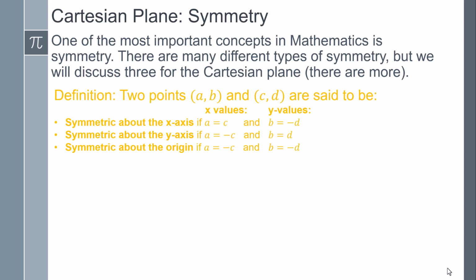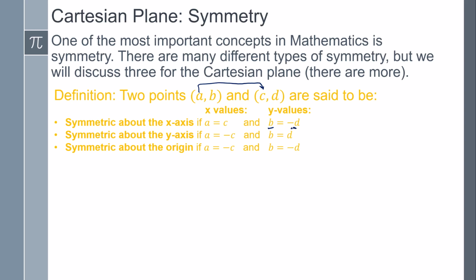So here's a definition. Gold flashcard: if we have 2 points, (A, B) and (C, D), they're said to be symmetric about the x-axis if A equals C, so the x values stay the same, but the y value went from positive to negative.